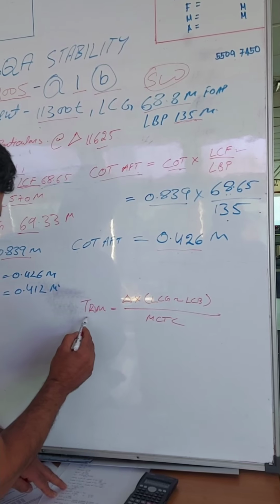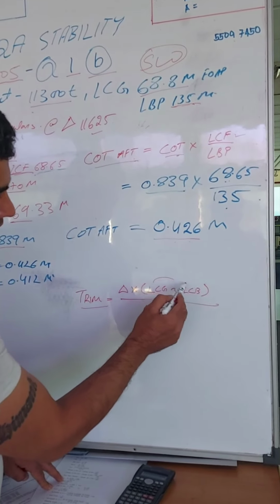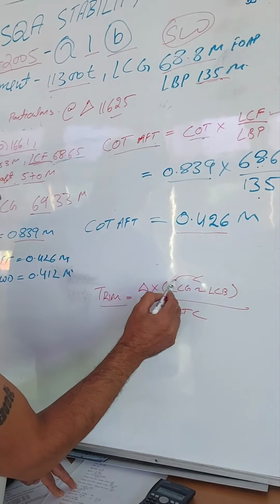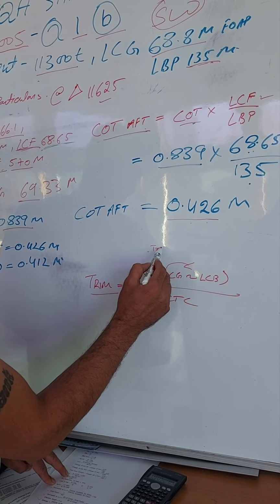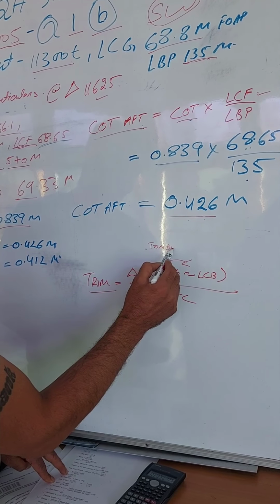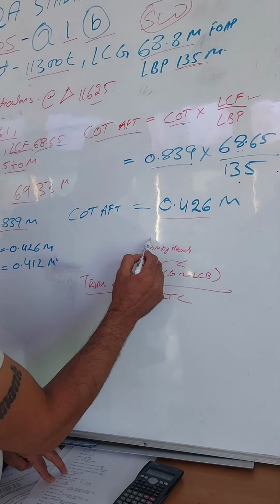This is the formula for trim. If our LCG is bigger than this, that means vessel trim by head or down by head.